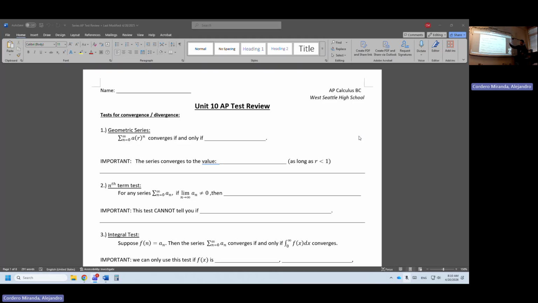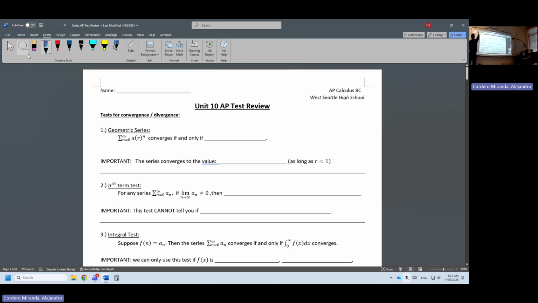But okay, watch this. Here's all the tests you have for convergence. Let's see how much you guys remember. And then that way you have it for homework and all that stuff. So geometric series, they're the ones that look like this, number times ratio to the nth power. And that converges if and only if, do you guys remember what needs to happen? R is less than 1.